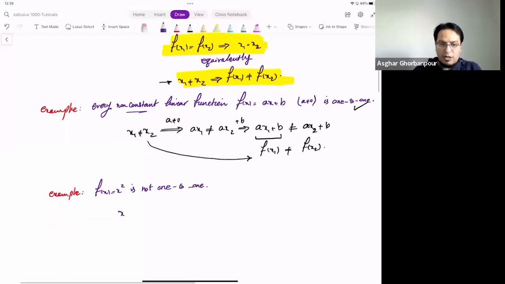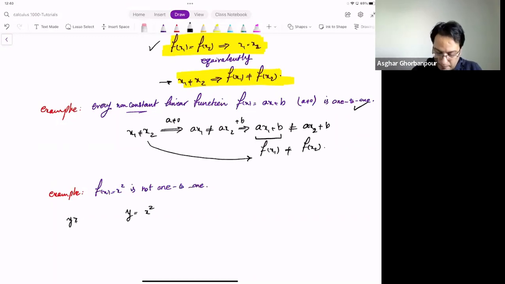I will use this other definition just to show you how the other definition can be used. I take one output of this function, so this is one output for some x.